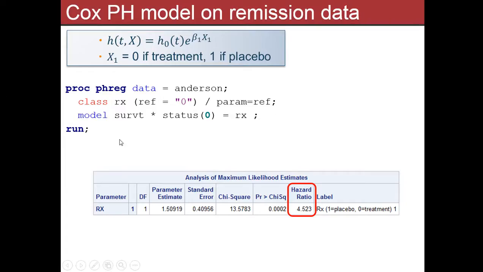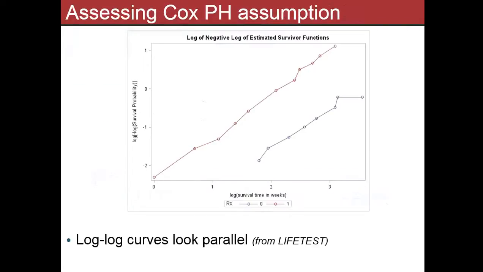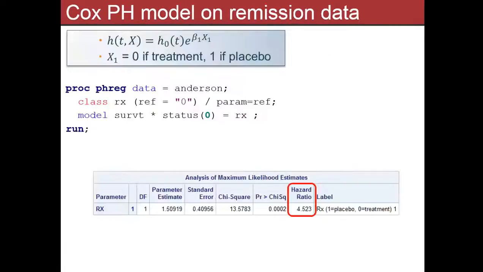This is a basic PHREG Cox model, one X variable, treatment. Here you go. Hazard ratio of 4.5. That's what you would get when you fit the Cox model to this. So 4.5-fold higher risk. And when you assess the Cox proportional hazards assumption, there was a variant of this at some point in the past, because this is all old news.